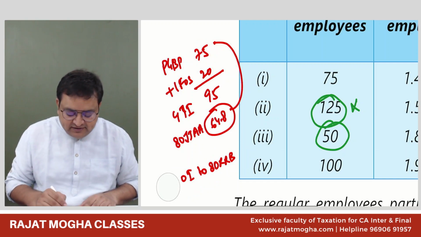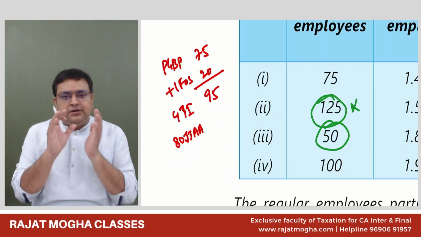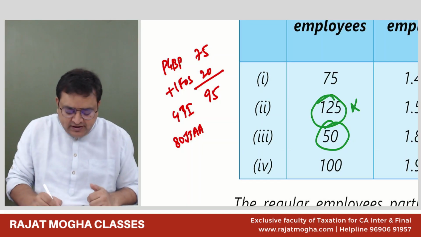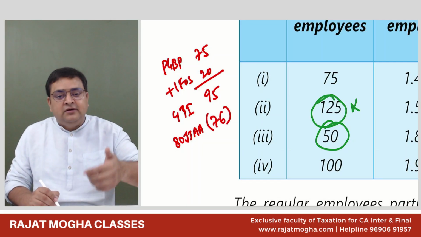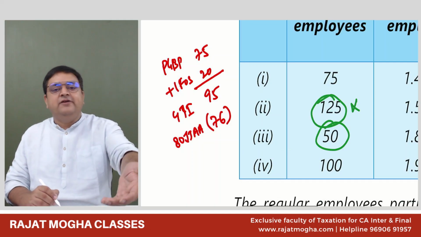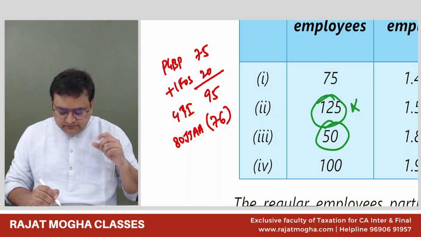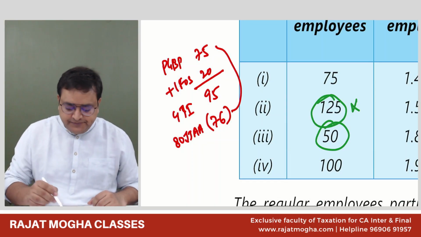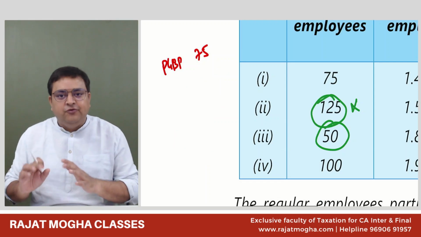So let's say, for example, this deduction, the 30% of the emoluments, would have come to 76 lakh. Will you be able to give the deduction of 76 lakh? Some students will think, okay, my GTI is 95. Guys, are you understanding what I'm saying? Yes, sir. So we'll give 75 only. Correct. Got it? Very good. So in this case, my PGBP is 75, so we can safely give 64.8.